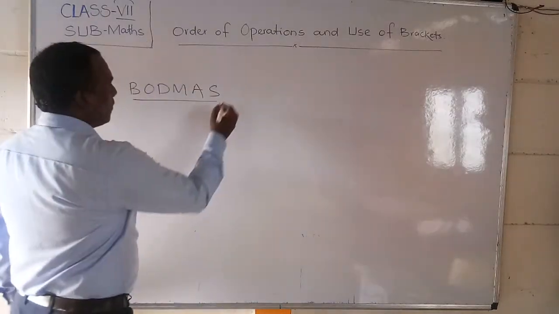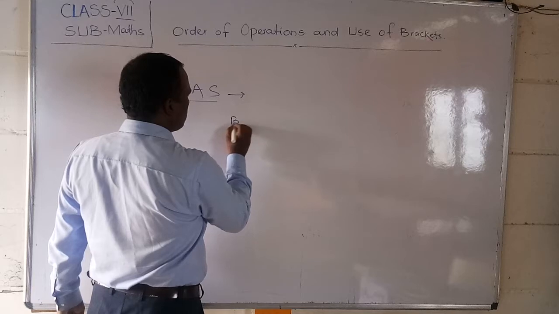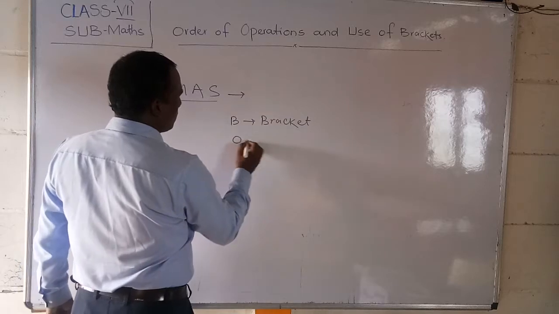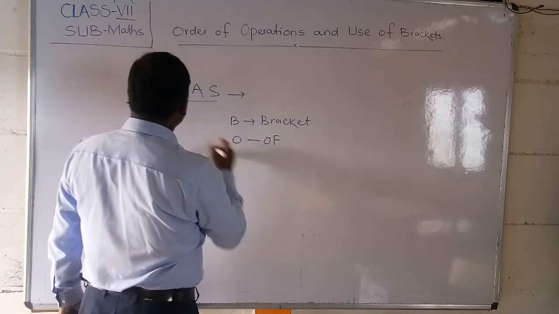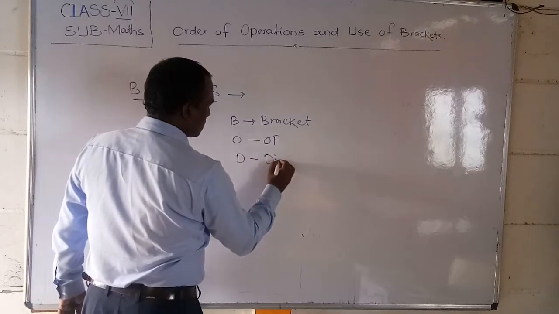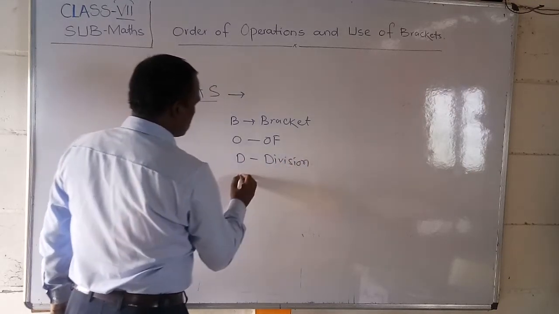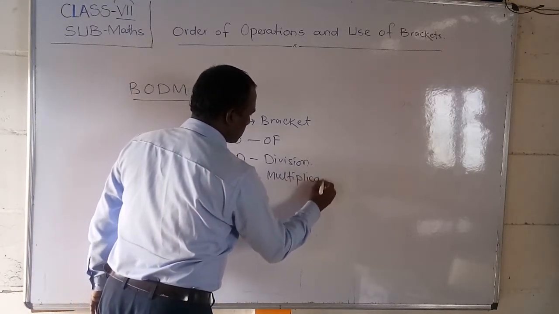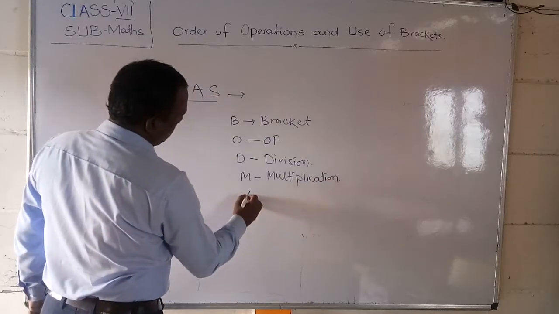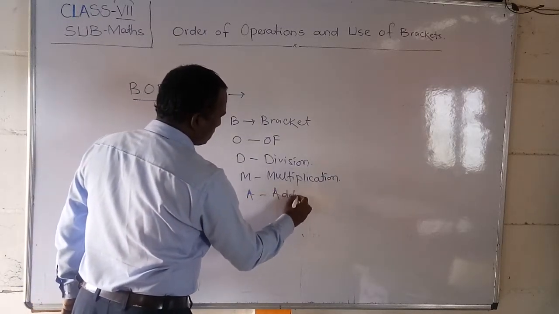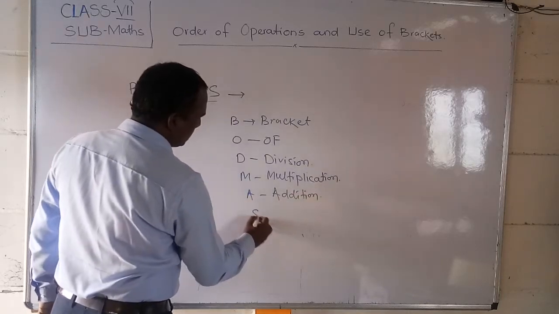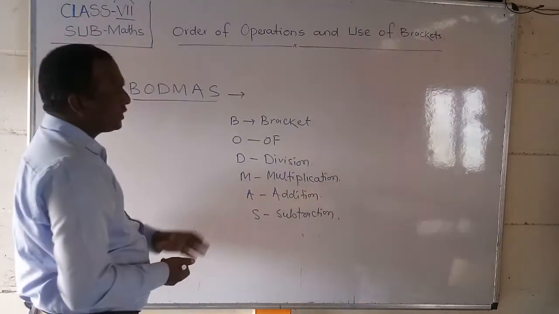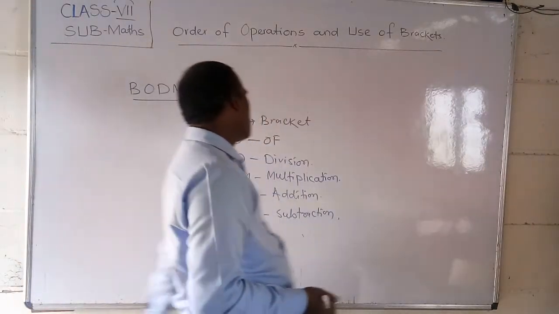So B stands for bracket, O for of, D for division, M for multiplication, A for addition, and S for subtraction. Students, when solving problems, you must follow this rule.